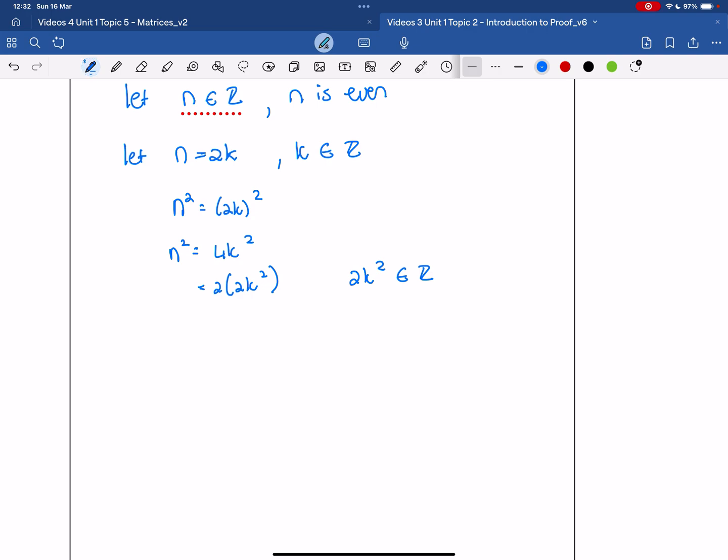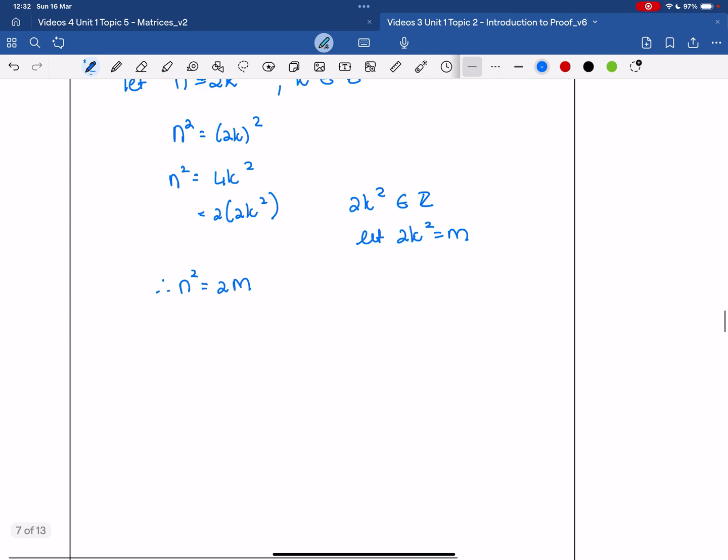And I can then let 2k squared be equal to some other value of m, which is also an integer. So therefore, n squared is 2 times m, which is even. Because anything that's a multiple of 2 is even.